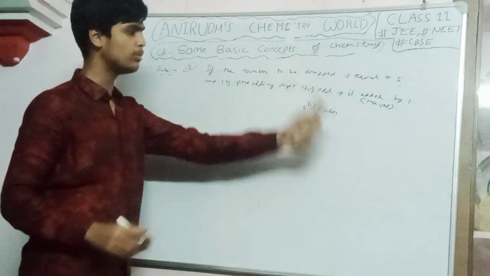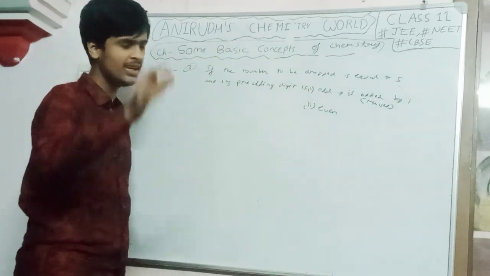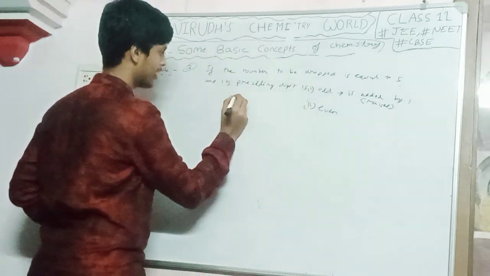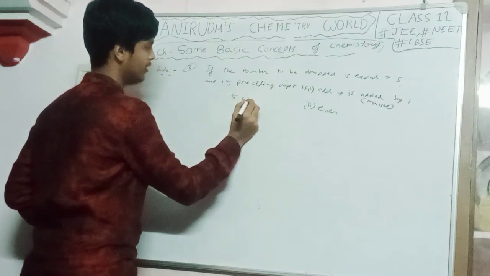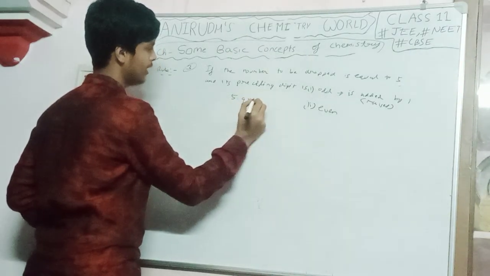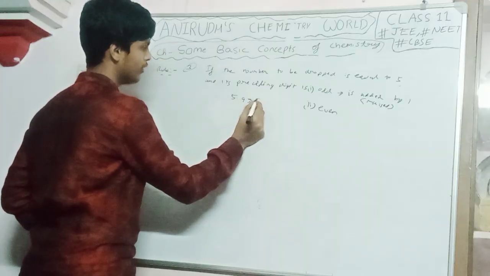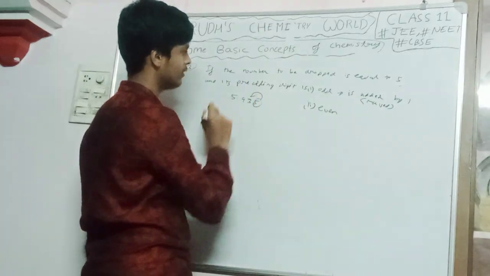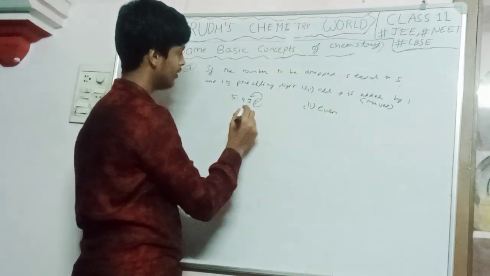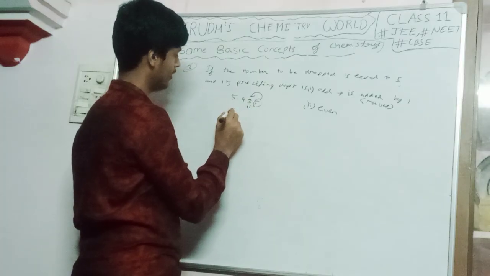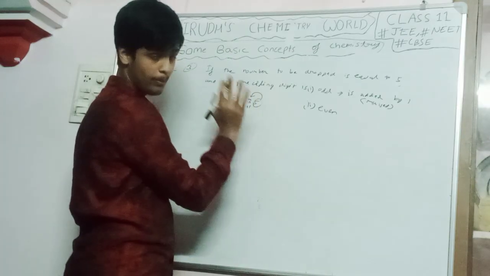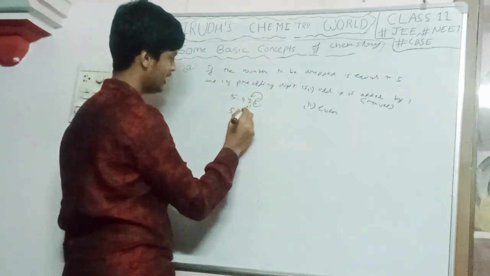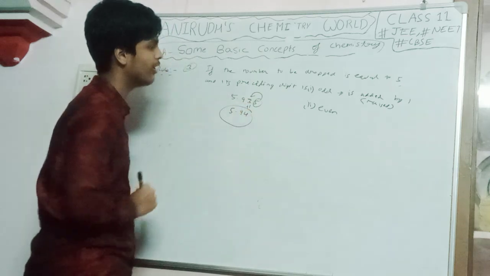Means if the number to be dropped is equal to 5 and the preceding digit is odd, for suppose you have a number like 5.935, then you need to raise the preceding digit by 1. Make the dropped number 0, remember that blindly. 5.9, 3 plus 1 is 4. This is the rounding off way.